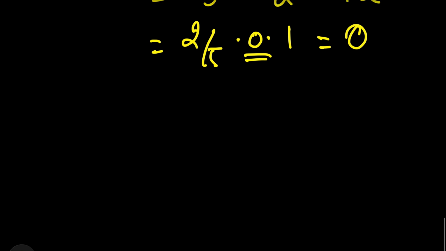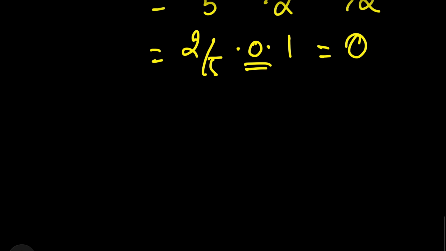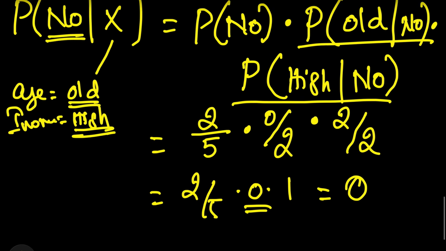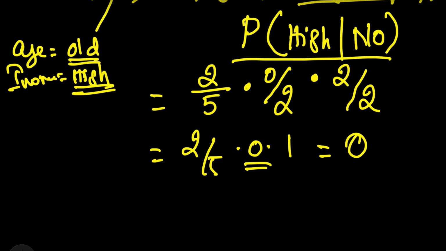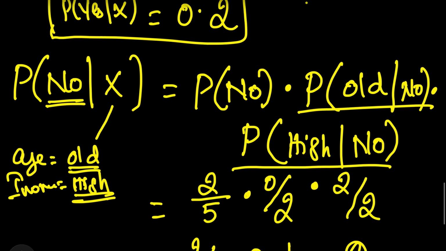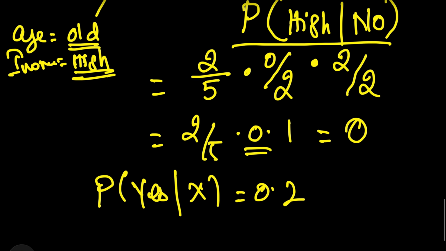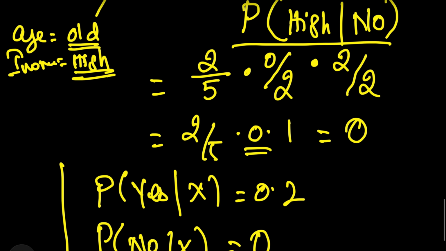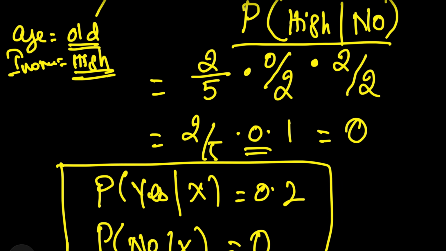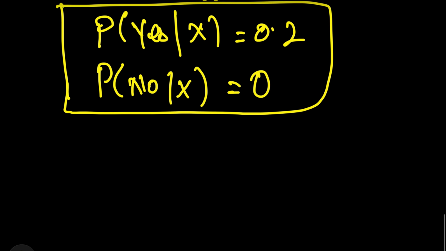Right? So now the probability of yes given X equals 0.2 here, and the probability of no given X is 0. So this is the final probability value we have found for the given sample. And now compare this: this is higher than this.